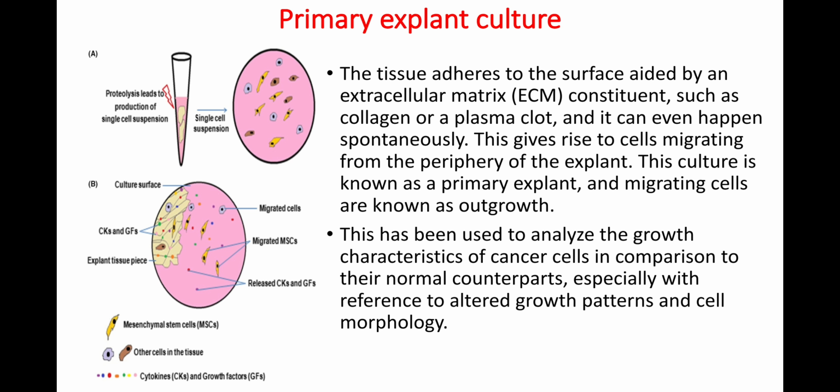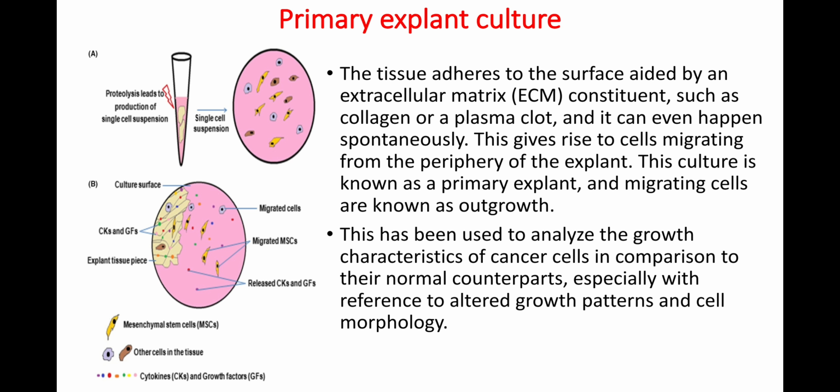Another is the rise of cell migration from the periphery of the explant, and this culture is called primary explant. Primary explants grow in outgrowth, also known as outgrowth.